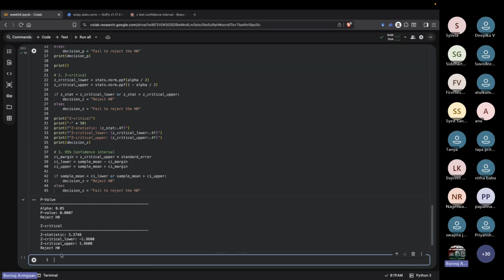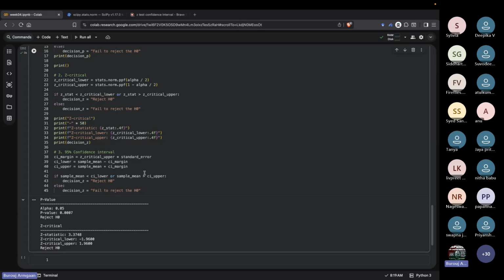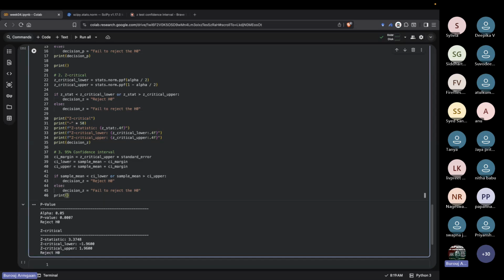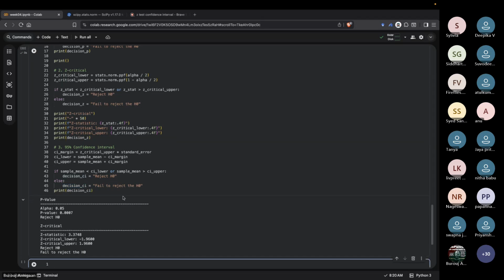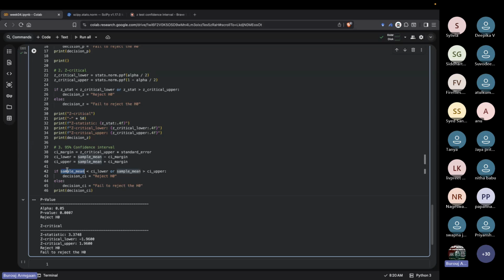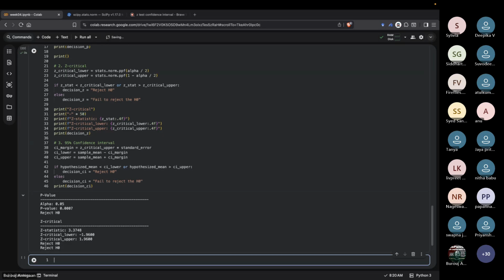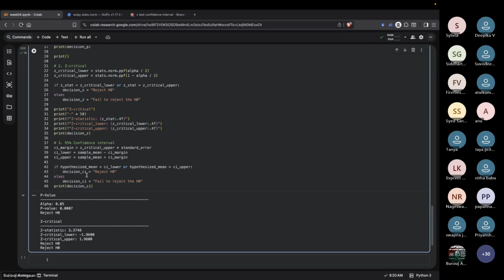All right. So again, we rejected. Oh, wait, I think we did not print it. This would be decision CI. What did we change? I think this is wrong. Yeah, no, that's right. So if your sample mean falls within the confidence interval band of your original population distribution, then you can either reject it or you can fail to reject it.